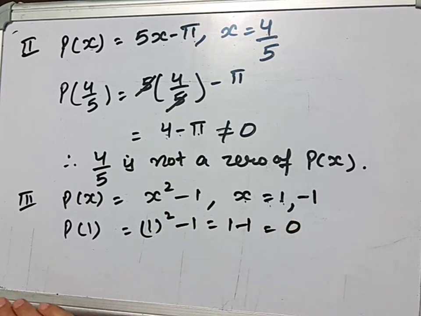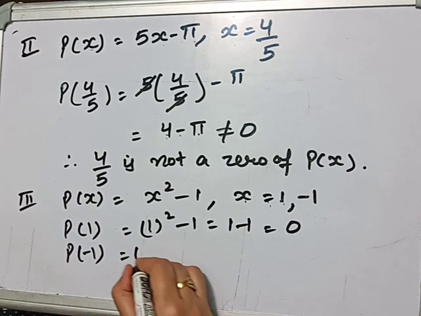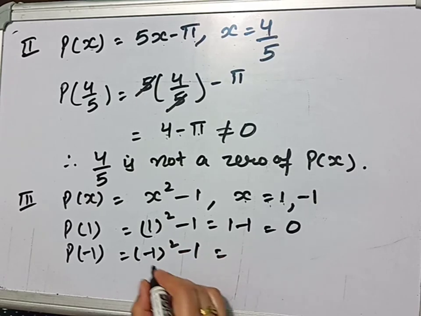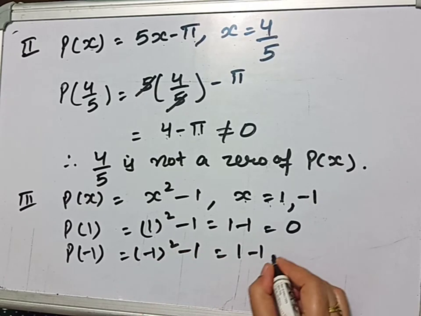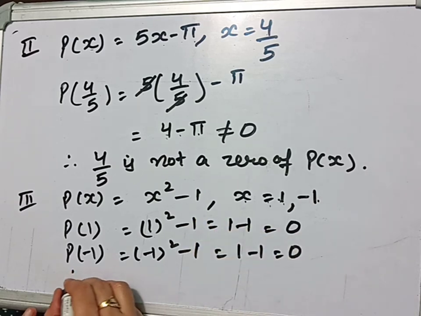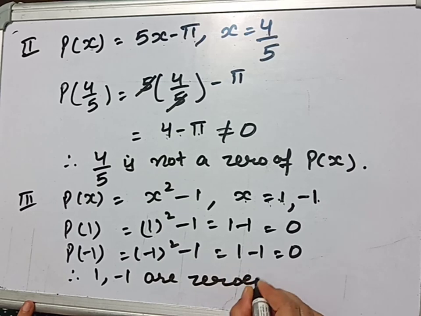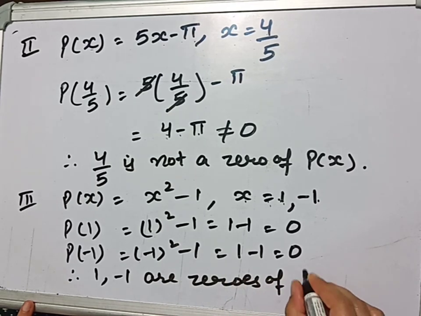Yes, this is the 0 of the polynomial. Now check value of x minus 1. Minus 1 square minus 1. Minus 1 square positive 1 minus 1 0. So both values of x are the 0 of the polynomial. Therefore 1 and minus 1 are zeros of p(x).